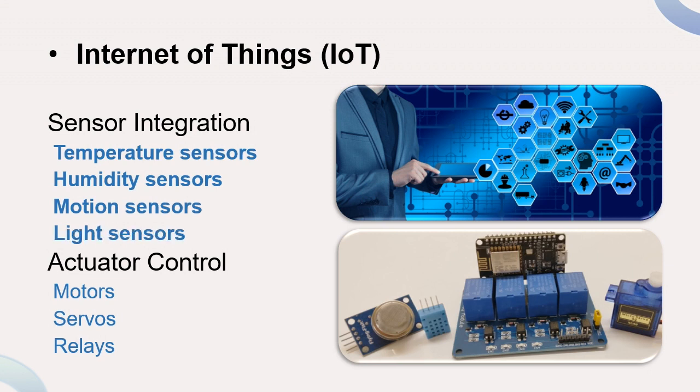These sensors enable your Arduino-based IoT device to collect data from the environment. Actuator control: Arduino boards can interface with actuators like motors, servos, and relays. This allows you to control physical devices and perform actions based on the data received from the sensors or commands received from the internet.